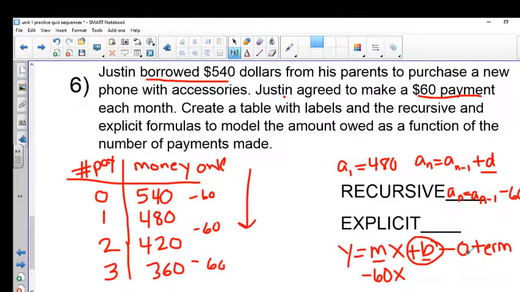So I do have a 0, and it was a positive 540. So that's my equation for that. I can put Y equals or whatever. So remember, the B term is the term before the first term, or the 0 term. Okay? So that's basically what we're looking at.